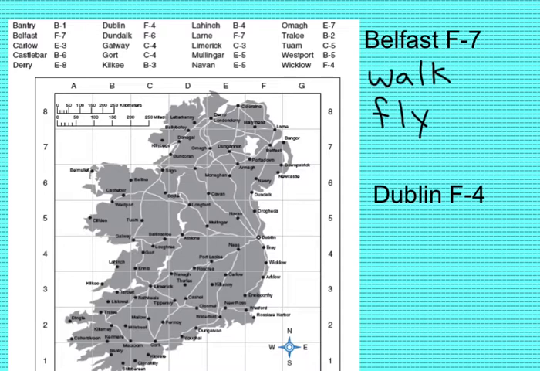We also sometimes say you want to go over first and then up. So why don't you pause your screen and see if, using what you've learned so far in the early parts of this lesson, you can find Belfast and Dublin. Go ahead and pause and give that a try.